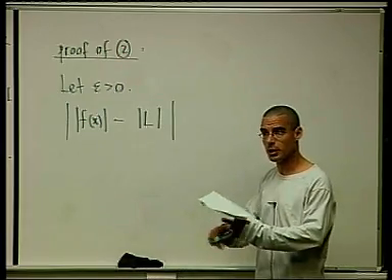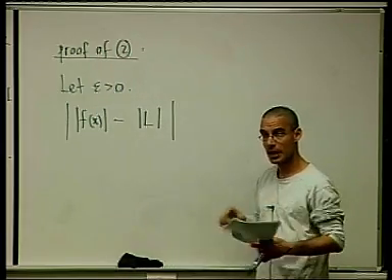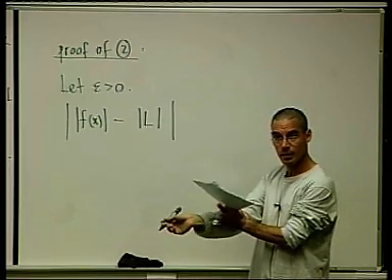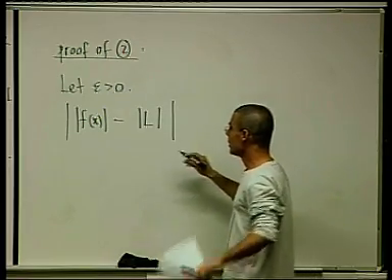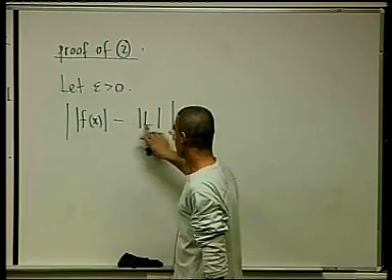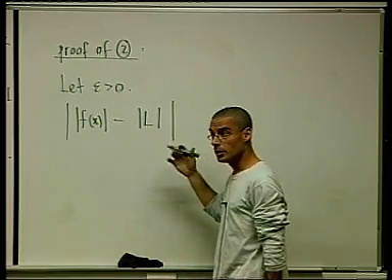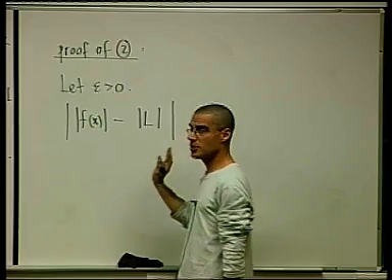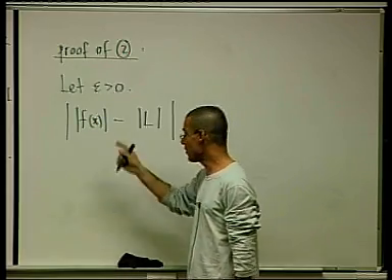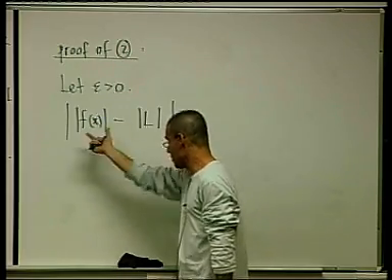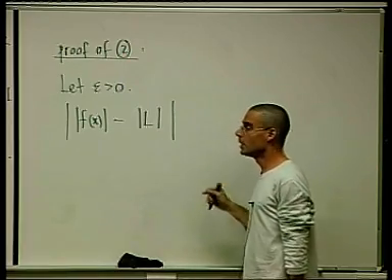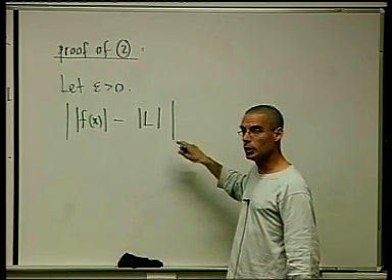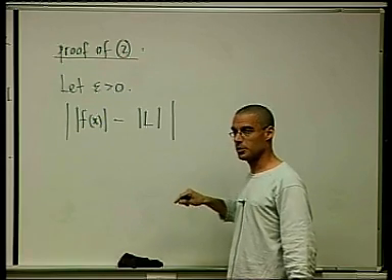Do you agree that's what we want to show? Everybody? Okay? What do we know? We know about f of x minus L. And now we have absolute value minus absolute value. Can somebody give me a clue what would be the next and final step of this proof?